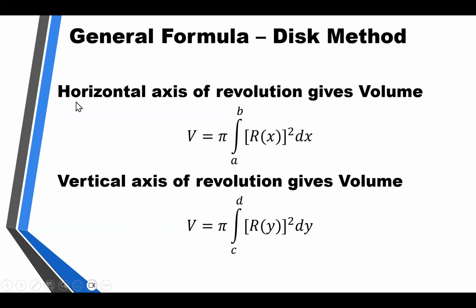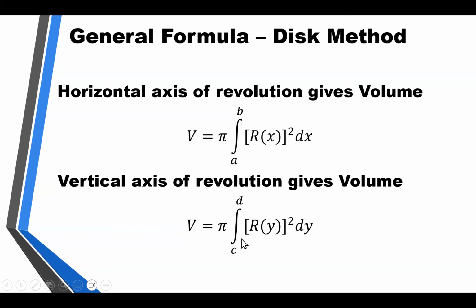So if we have a horizontal axis of revolution, then the radius is going to be determined by the x values, and we're going to integrate with respect to x. If we have a vertical axis of revolution, my radius is going to be determined by y values, and we're going to integrate with respect to y. Now again, pi r squared. So just think pi r squared, that's the area of a circle.